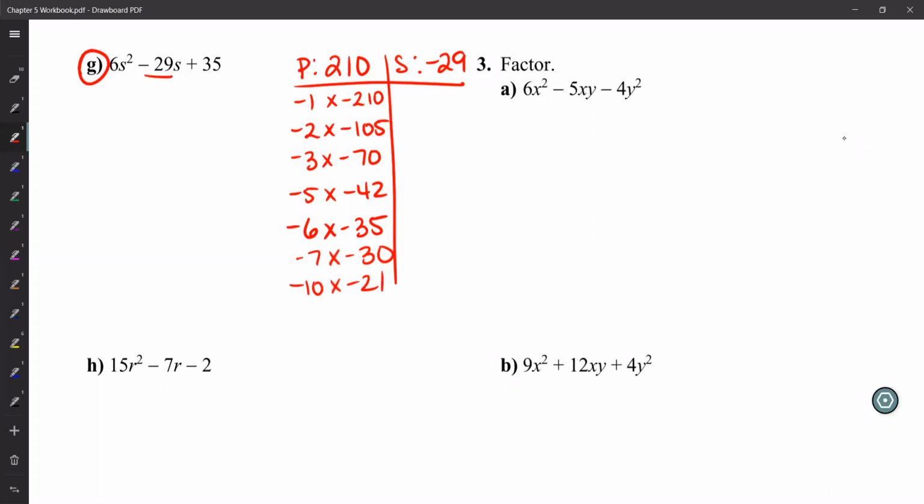Still not adding to negative 29, which is okay. 11 does not go into 210. 12 does not go in. 13 is definitely not going to go in. Check 14. 14 goes in. -14 times -15.